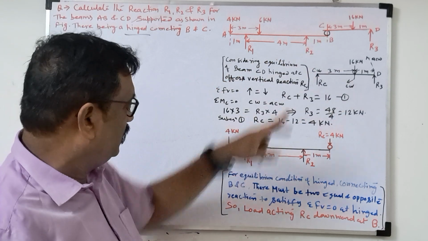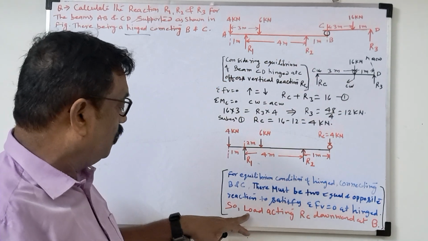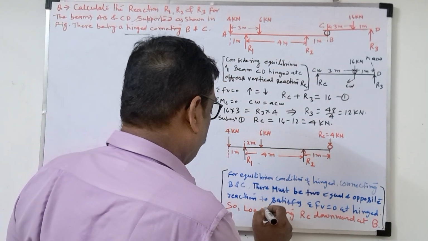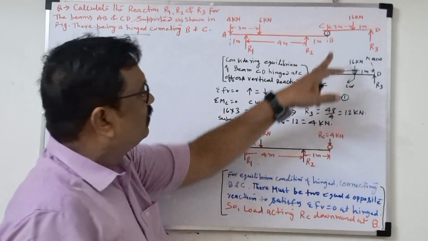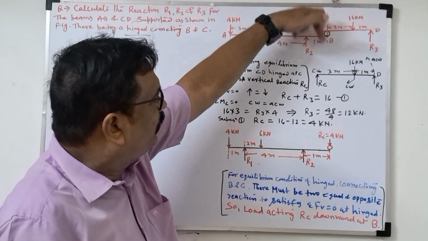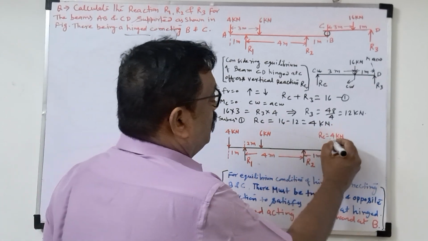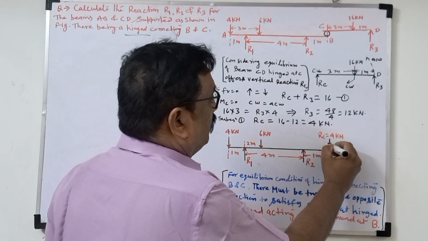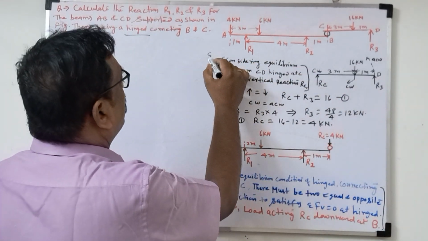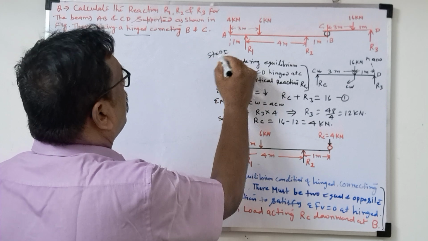So the load RC will act downward at B. I have shown it here. Now step 1 is over.